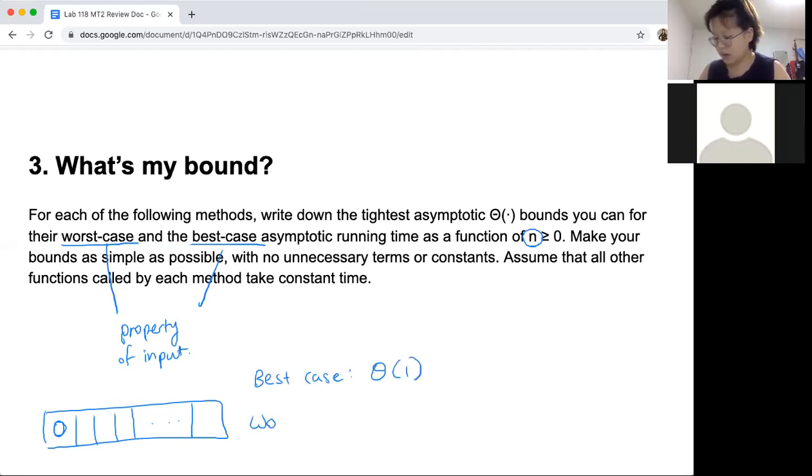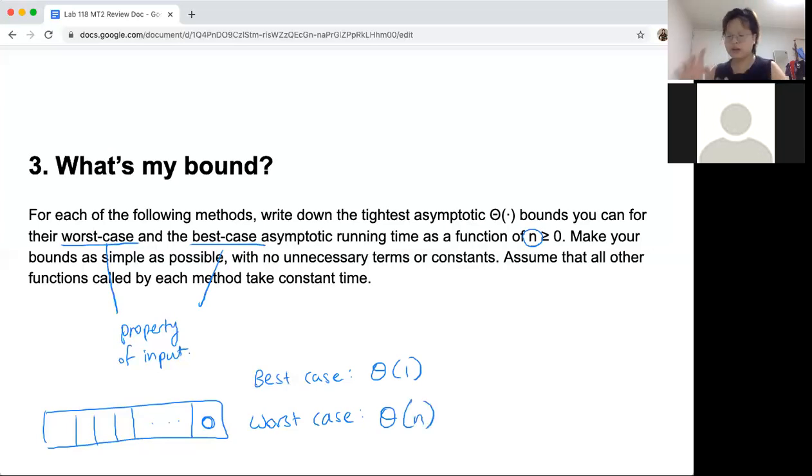The worst case is when I pass in an array where either the array has a 0 at the very end or it doesn't even have a 0 at all. In that case, the runtime of my function is going to be linear because I need to traverse all the way through my list, right?